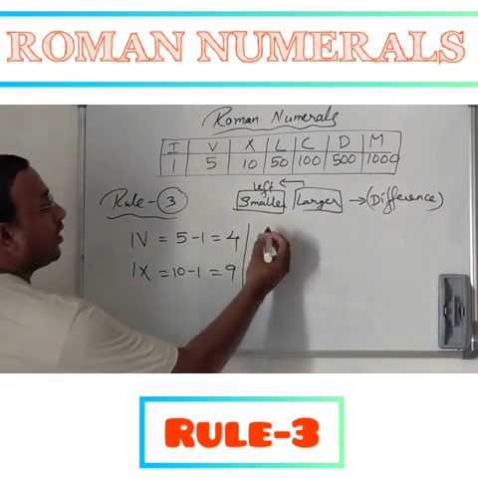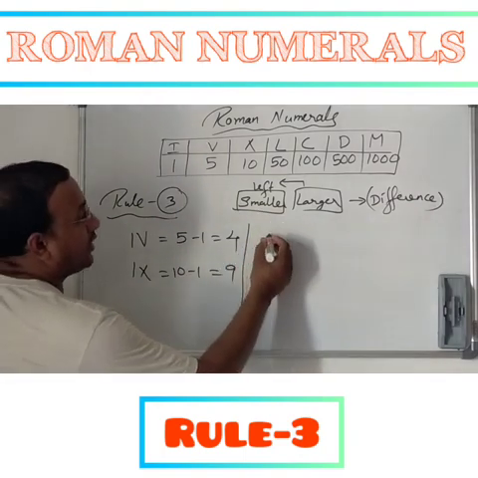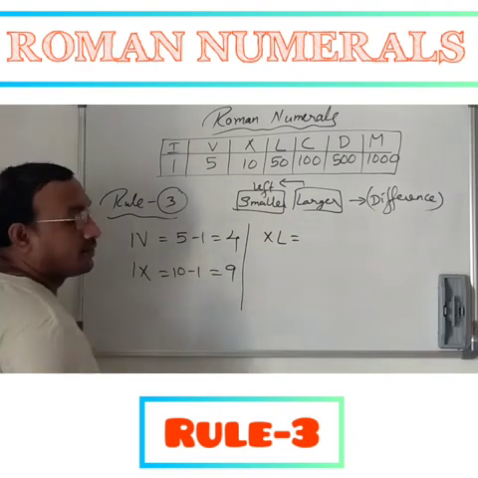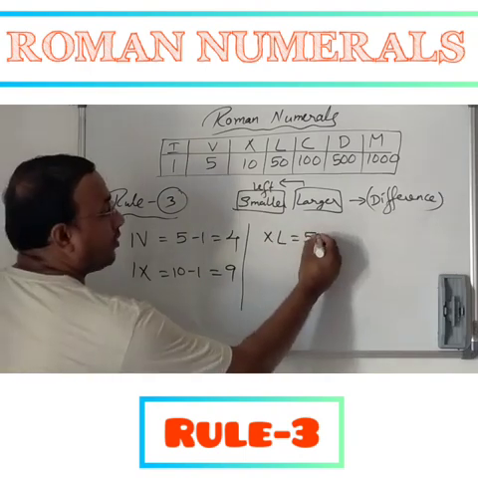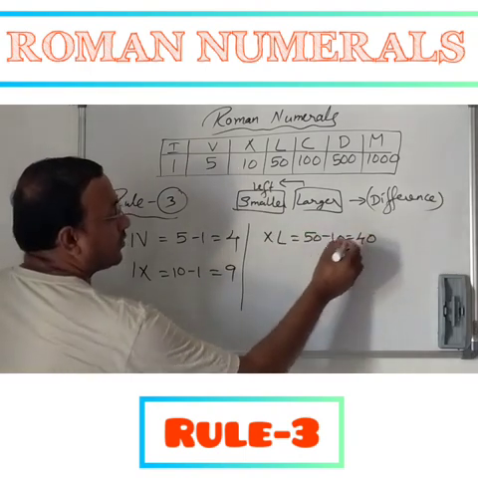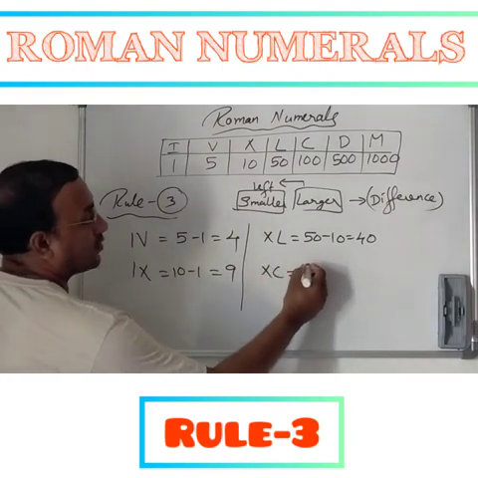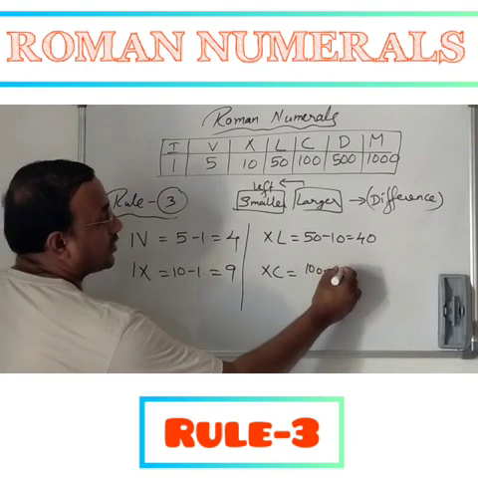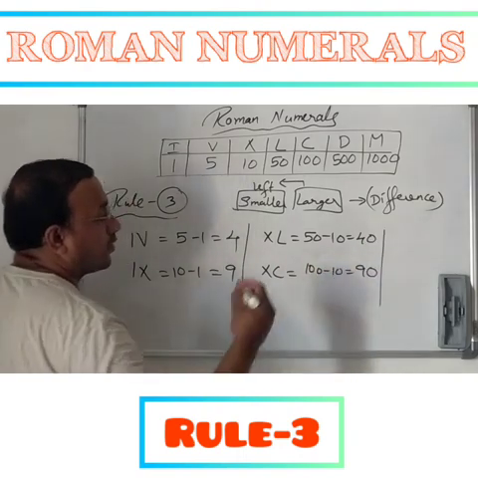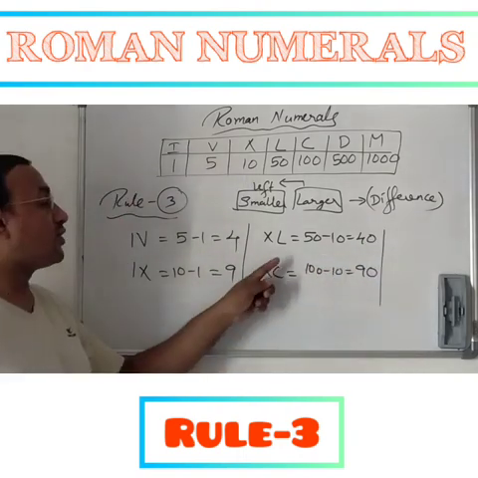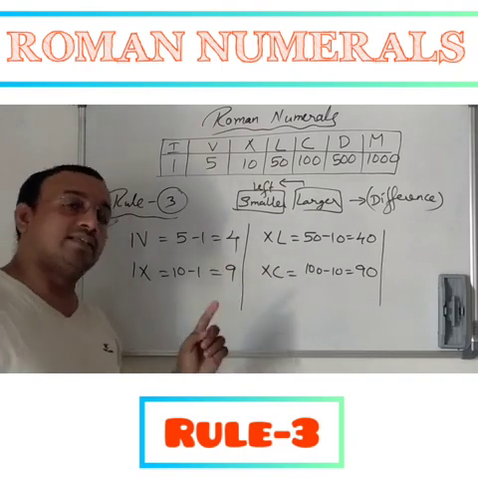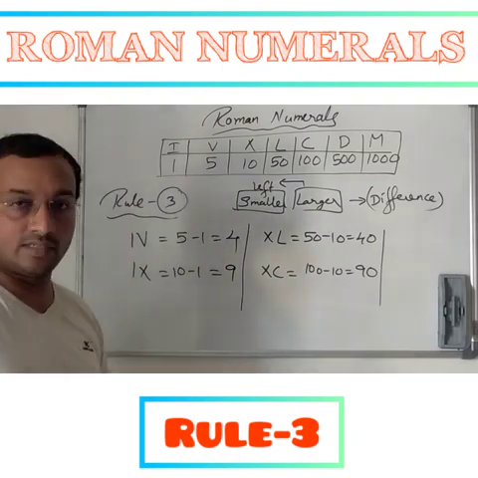Next, we can go for the next example, that is XL. So what is it, friends? 50 minus 10, it's 40. And then XC, which is 100 minus 10, it's nothing but 90. X is also written to the left side of L and C only once, that is, X is subtracted from L and C only once.